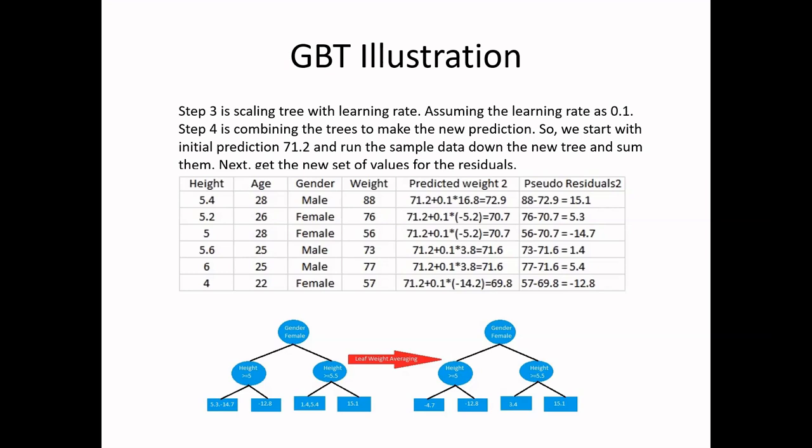Typically, it will be in the range of 0 to 1. So what we can do is we can use this learning rate and all the previous predictions to do the updated prediction at this stage. So that is shown as predicted weight number 2. All right. That is the fifth column in the table. So that's the prediction we are able to make at this stage.